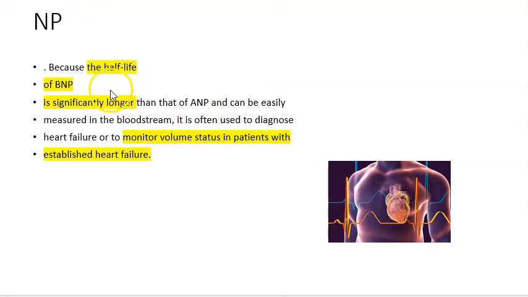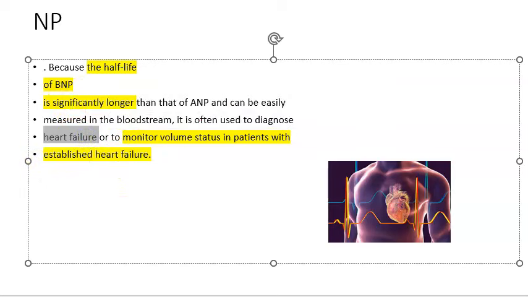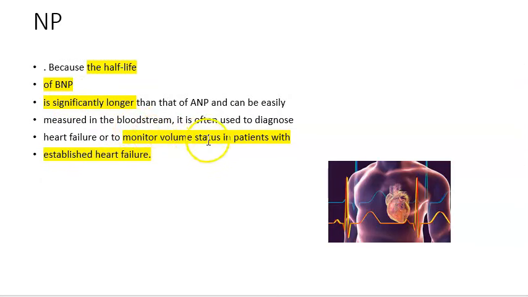Actually, BNP they are using as a cardiac biomarker, not ANP, because BNP has a significantly longer half-life. So that is why they are using this usually to diagnose heart failure, or mainly to monitor volume status in established heart failure, because this is not very specific like we told you.